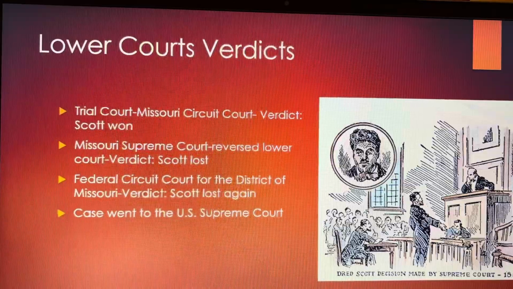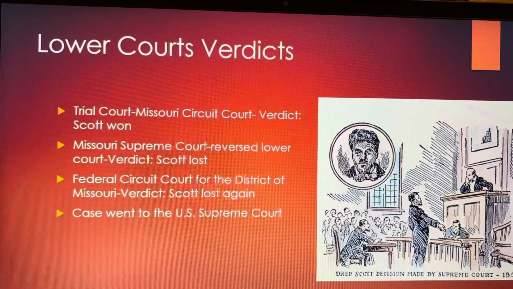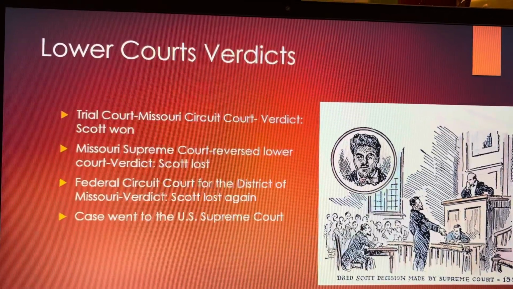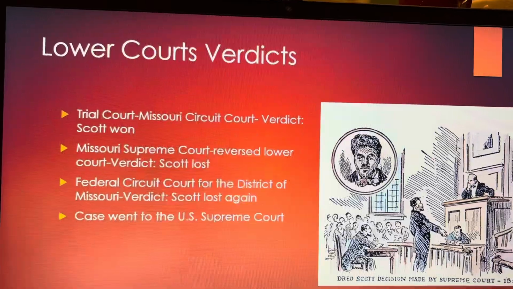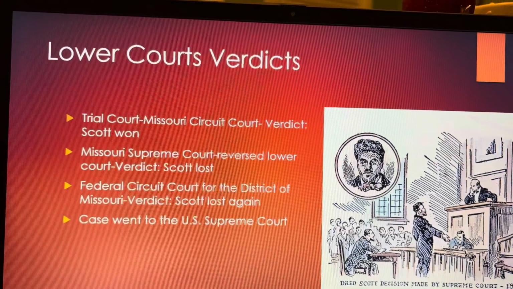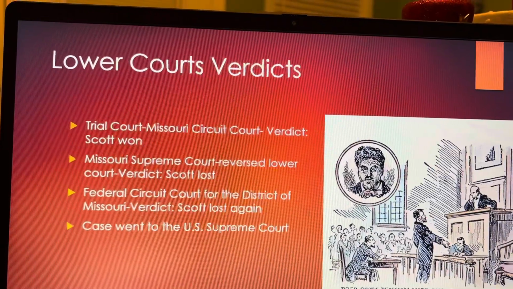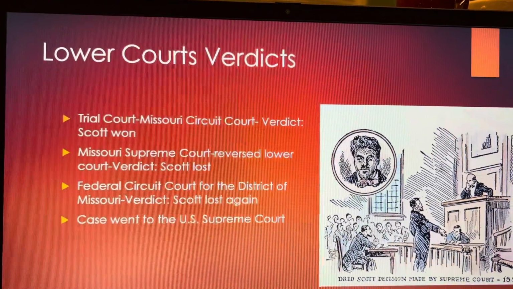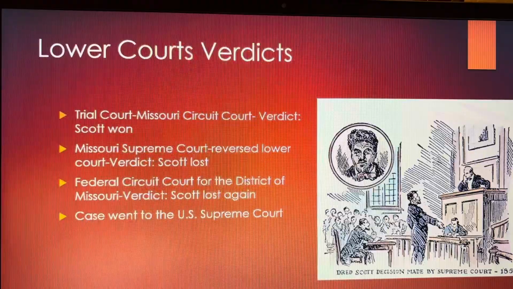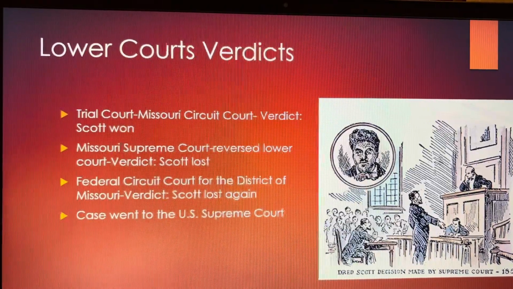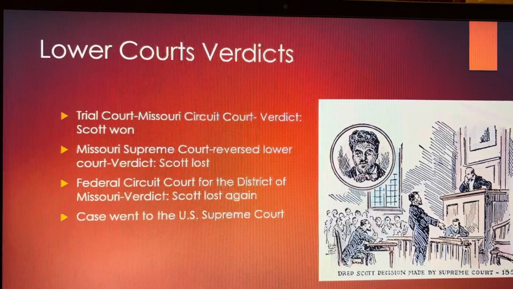Lower court verdicts. 1. Missouri Circuit Court, the trial court. The verdict was that Scott won. The court agreed he became free by living in free territory. 2. Missouri Supreme Court. The verdict reversed the lower court.